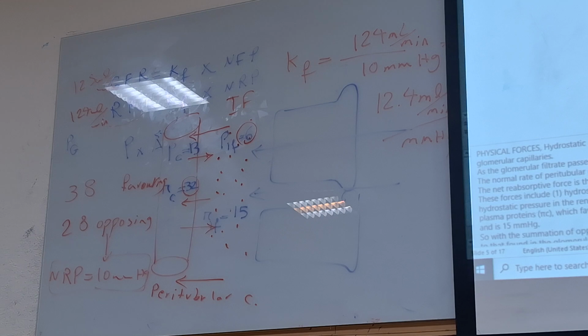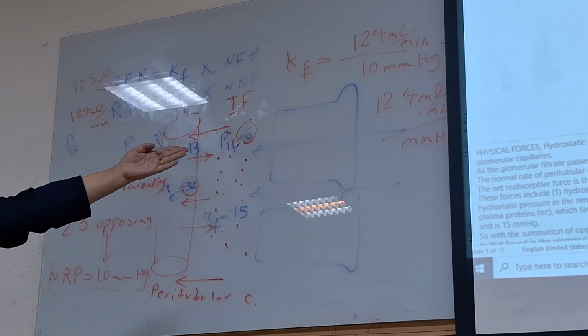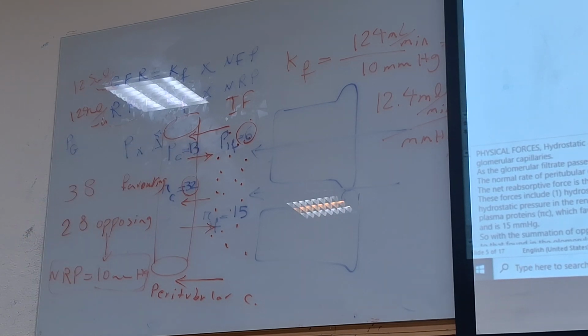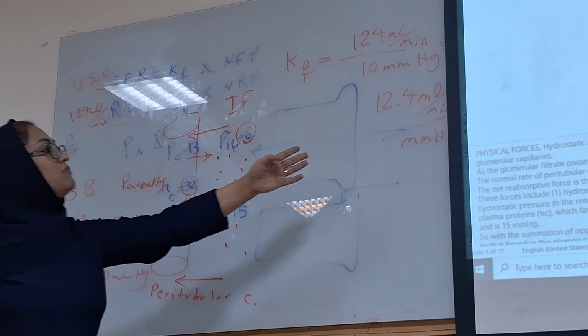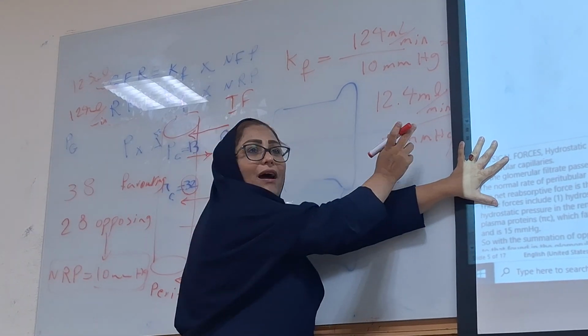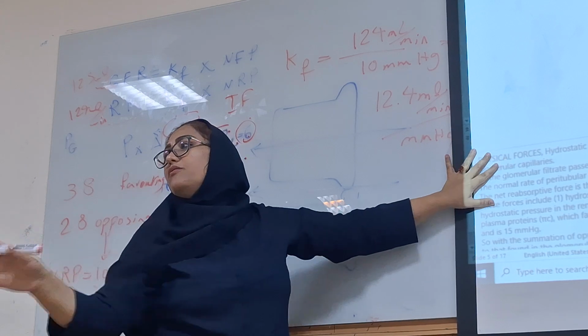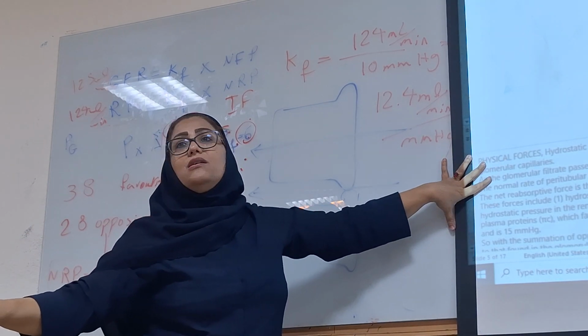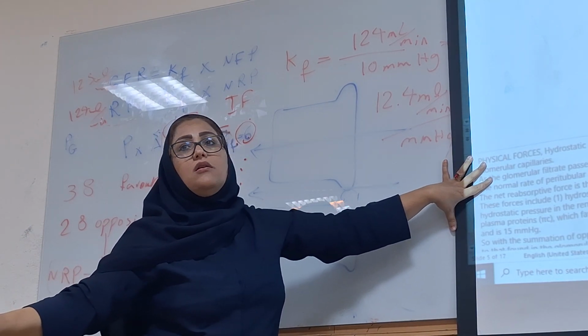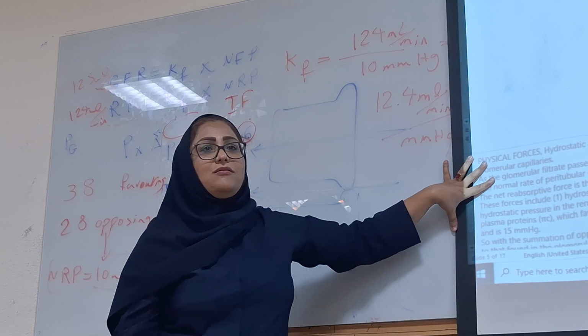But I want another student to talk about the definition of KF. Who is volunteer? You have to define it based on the unit. Nobody is volunteer? You are smart.